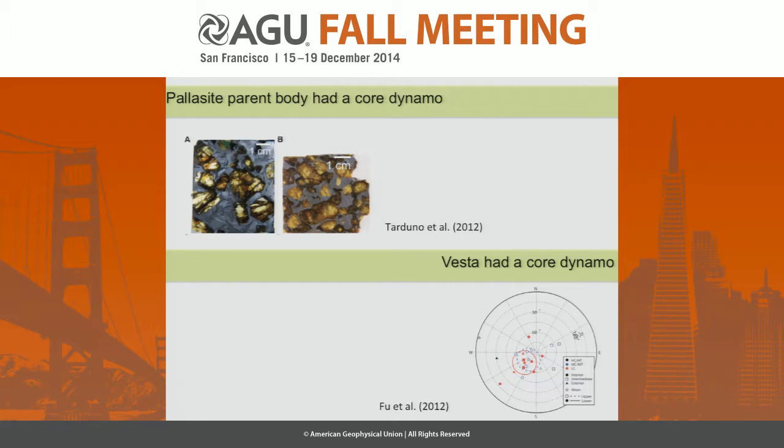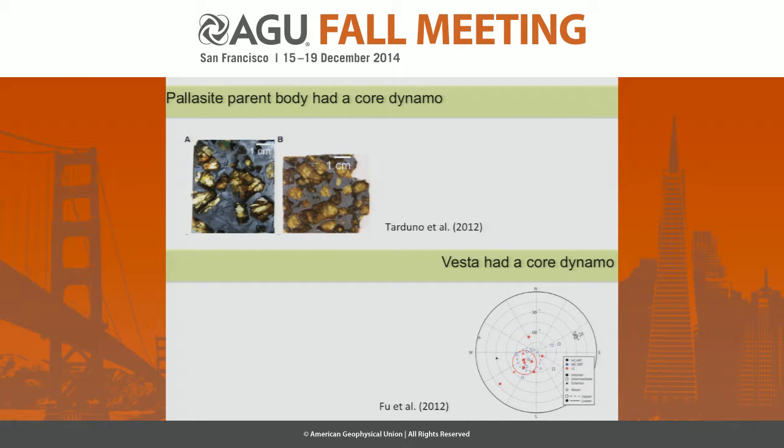Now, I talk about cores a little bit here, having talked about what might be called a mantle and what might be called a crust or a lid. There is, I find, extremely interesting and increasing evidence that many of these planetesimals had core dynamos.